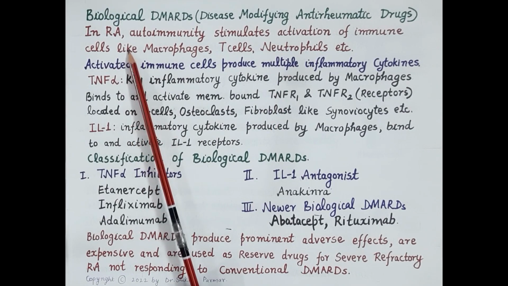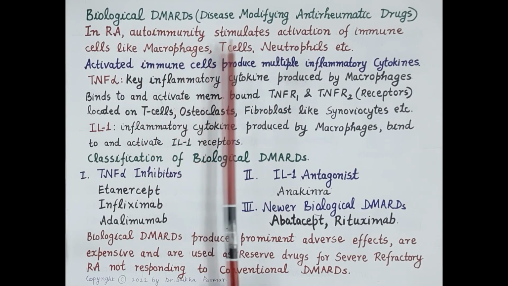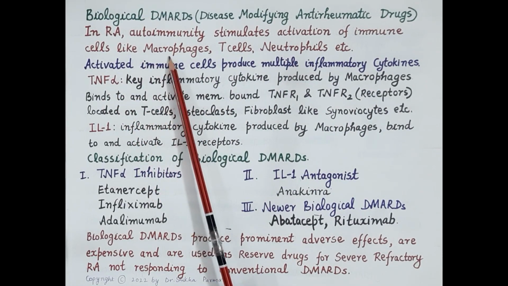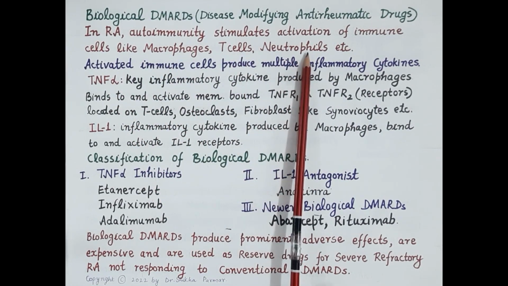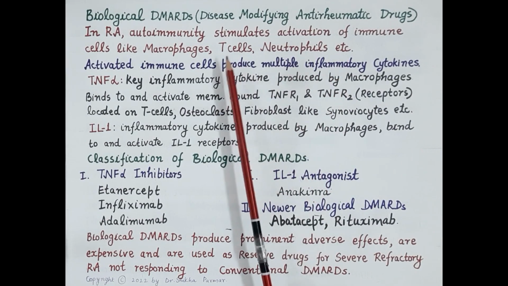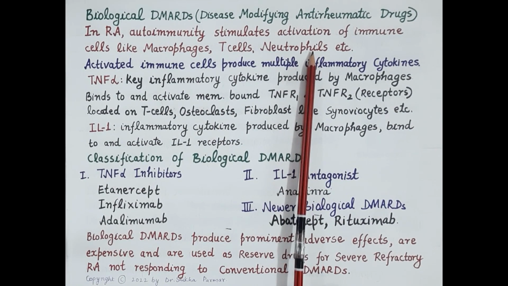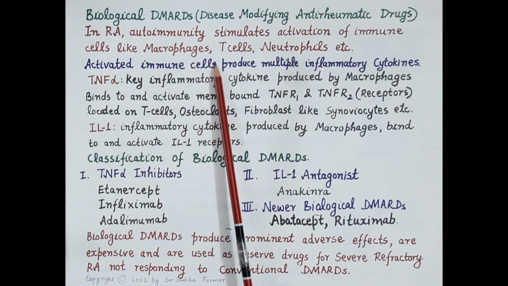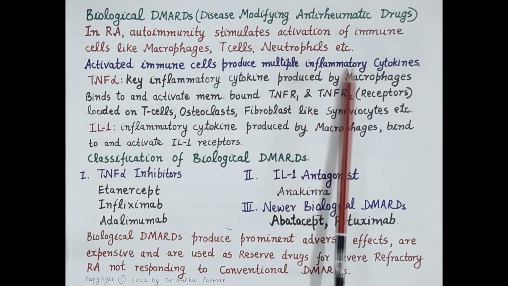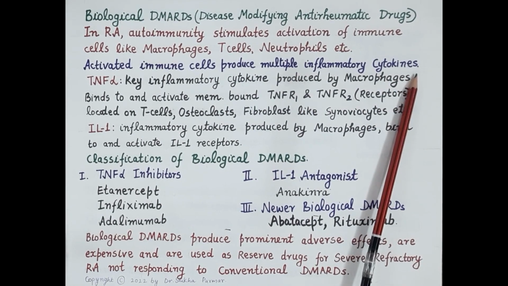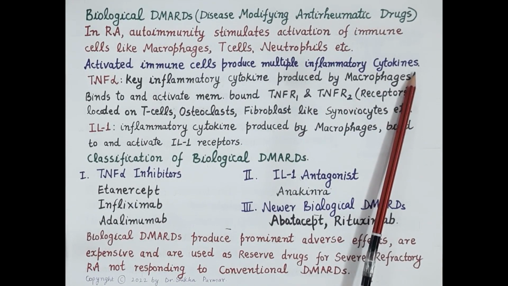So in rheumatoid arthritis, autoimmunity stimulates activation of immune cells like macrophages, T cells, neutrophils, etc. Now these activated immune cells produce a number of chemicals called inflammatory cytokines. So activated immune cells produce multiple inflammatory cytokines, and these cytokines produce inflammation and further destroy the joints.